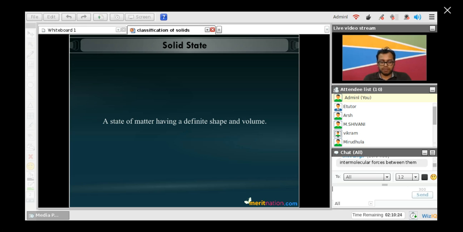So let me give you a brief idea about the different properties that are there in the solid state. So solid state has a definite shape and definite volume. Now it has a definite shape and definite volume because the molecules of solid are very closely packed, right? That is, the intermolecular space between the molecules of solid is very less.